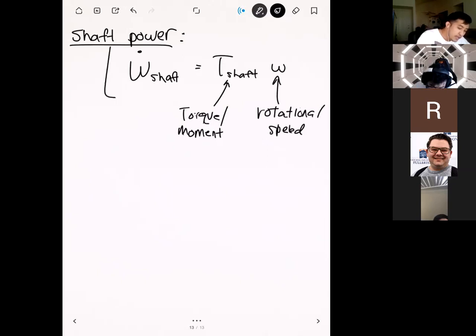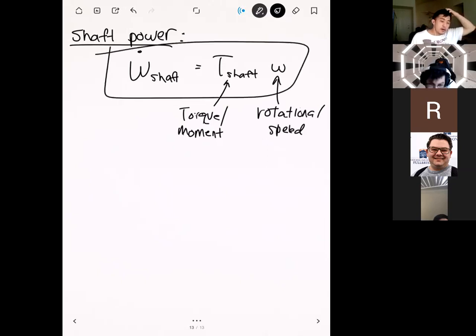If you take the product of these two, a torque and an angular velocity, what you get is power. And so what is the unit of power? So this has units of watts.